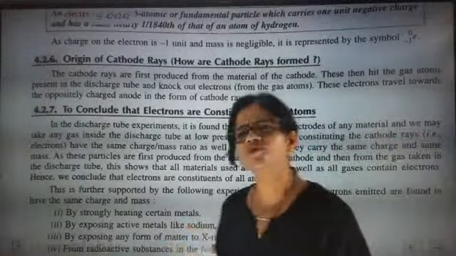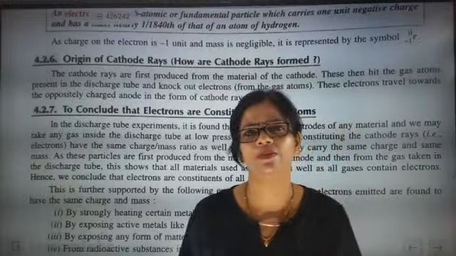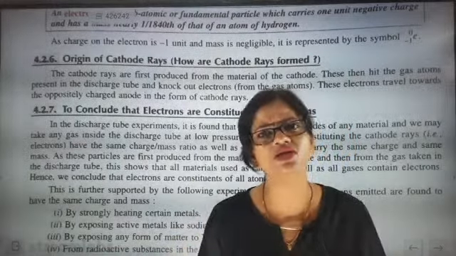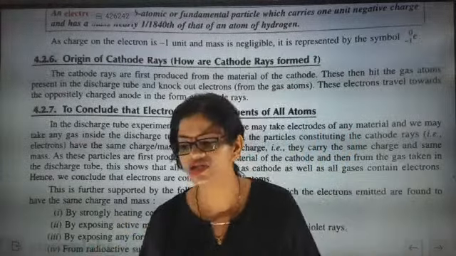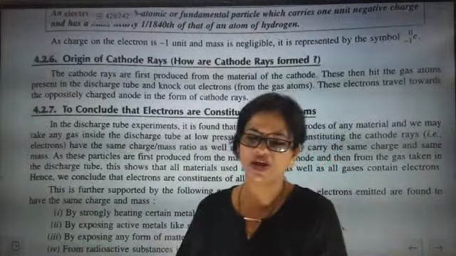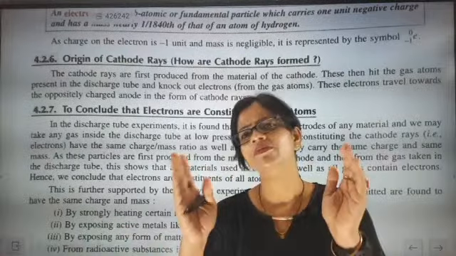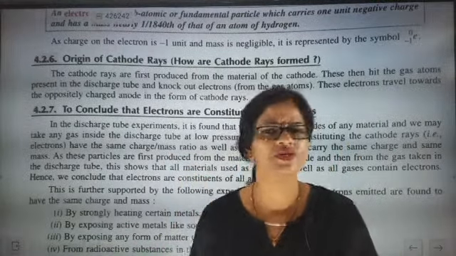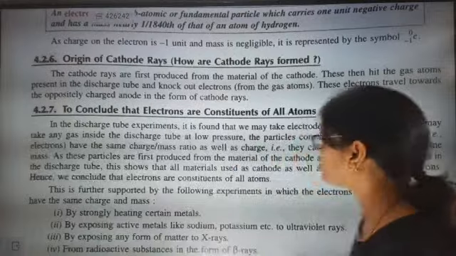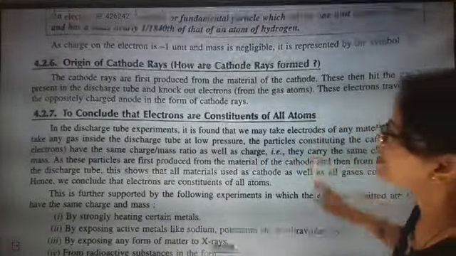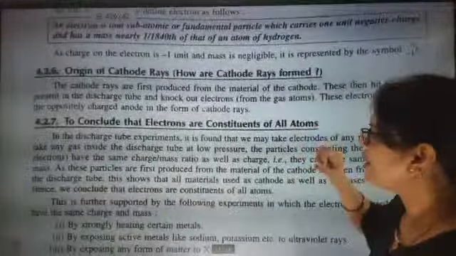In this experiment, it was found that we may take electrodes of any material. So here we have to conclude this experiment. J.J. Thompson proposed a very important point. He said take any material electrode, not a specific material.